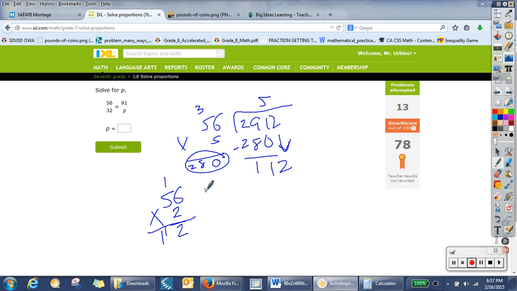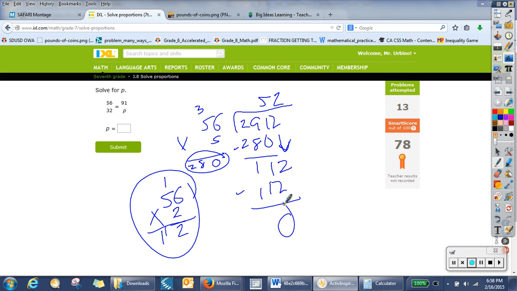Oh, perfect. So that means that we have an even number. 56 times 2 will give me 112, because we just did that problem right here. So 112 minus 112 will give me 0.